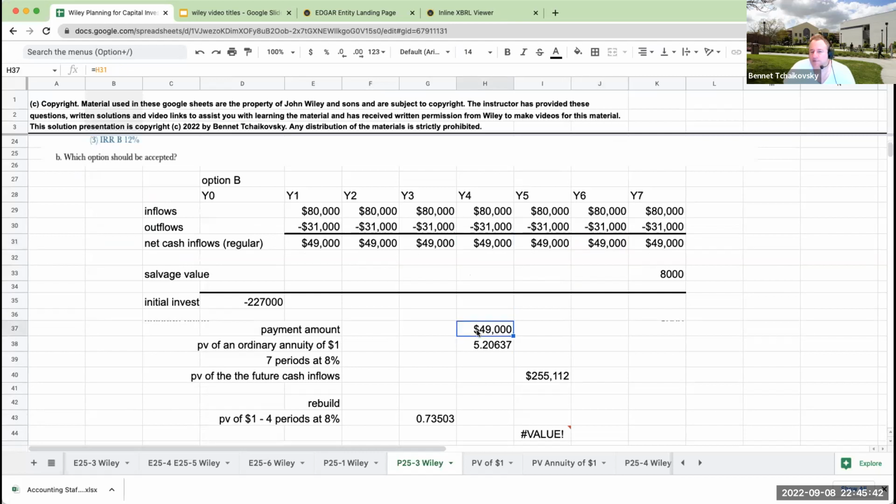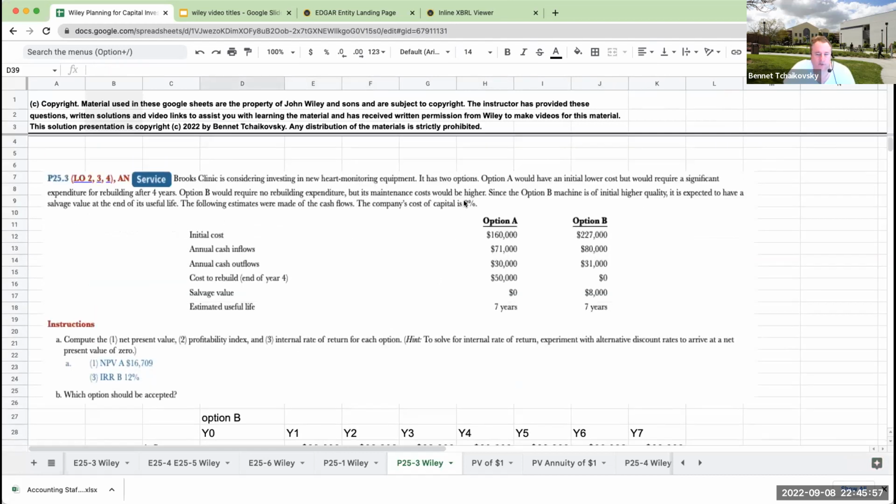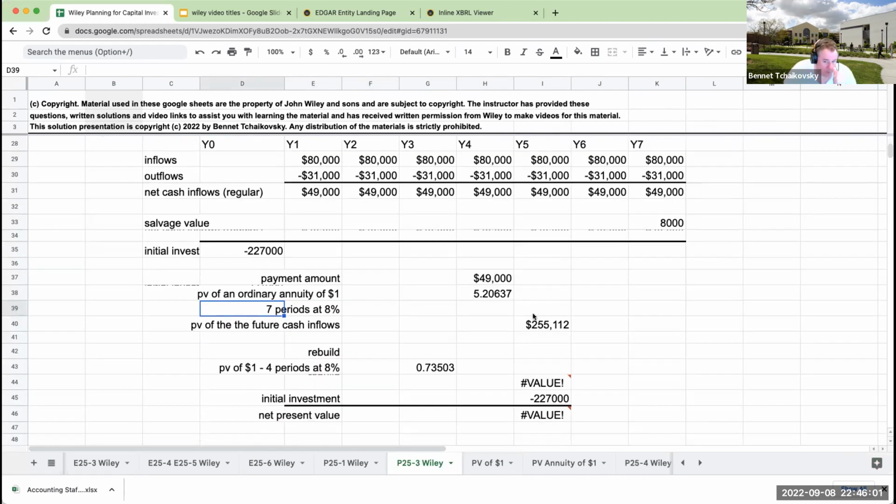So I can use the same factor, present value of an ordinary annuity of $1. This is being paid out 7 times, right? So 1, 2, 3, 4, 5, 6, 7. So it's 7 periods at 8%. That's the company's cost of capital. So the value of this part over here, 49,000 times the present value factor, gives me 255,112.